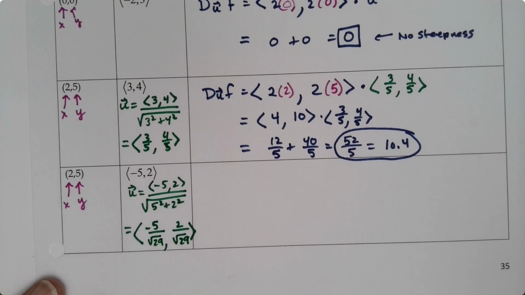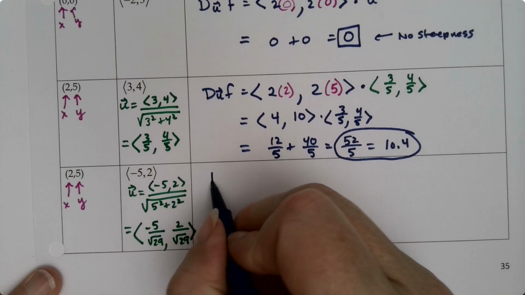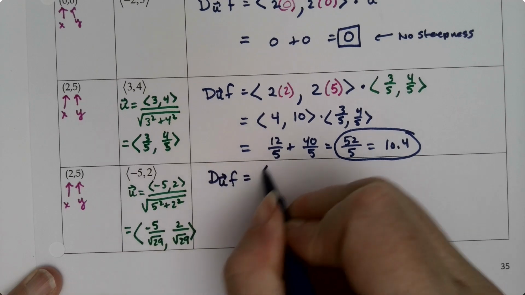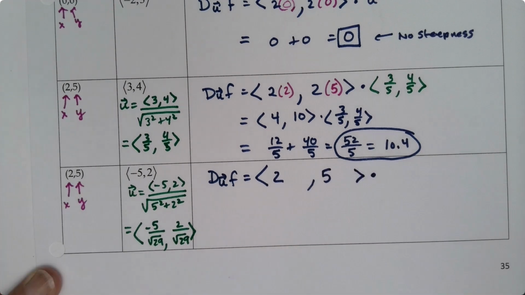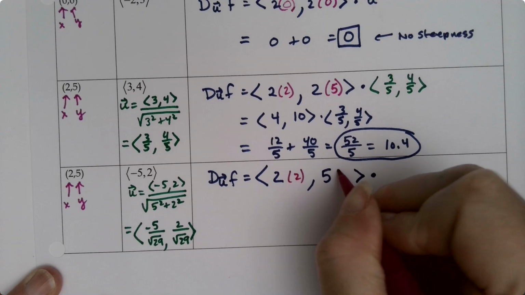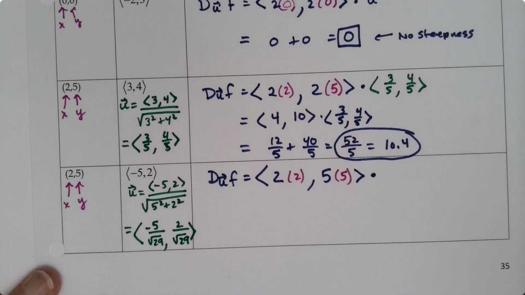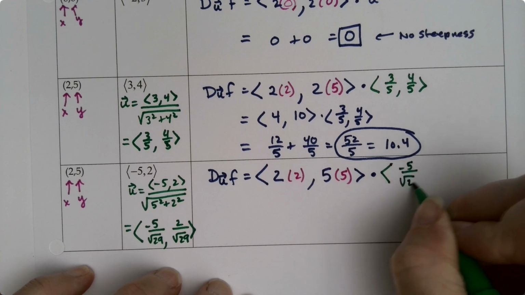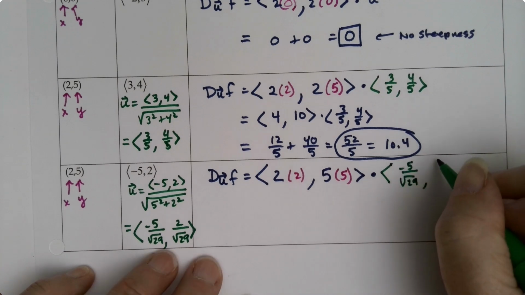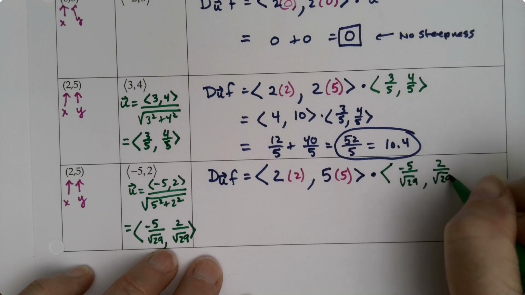Okay, so then for my directional derivative, that would be 2 times 2 and 5 times 2. I'm going to dot product with -5 over the square root of 29 and 2 over the square root of 29.